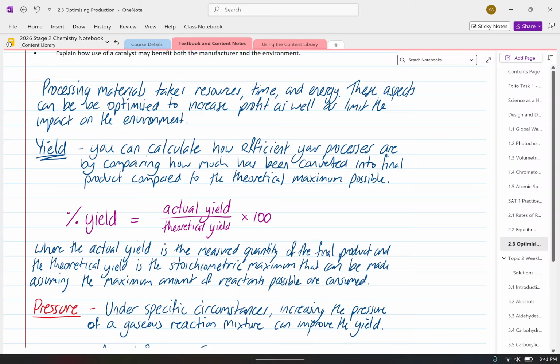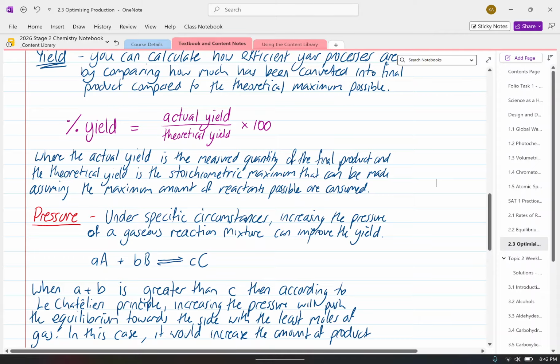You'll need to make sure you convert them into moles, and then work out how many moles of your product you could make, and then convert it into kilograms or whatever mass you're using. Regardless, if you find out how much you could potentially make, you can then use this equation to work out how much you've made. Just a really simple example: if you make 5 kilograms, but you could have made 10 kilograms, then multiply that by 100, you end up with 50%.